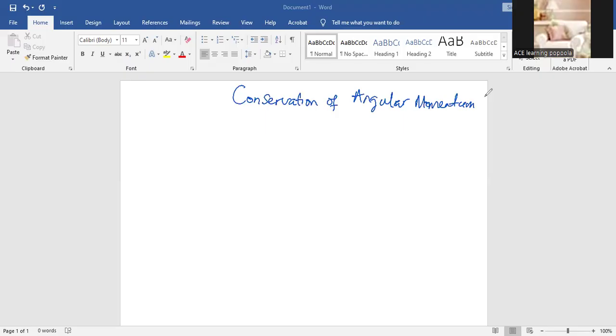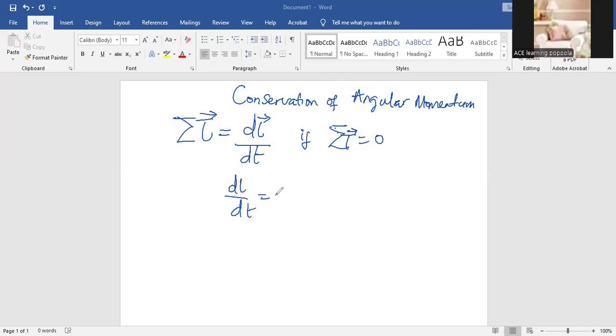The total torque, summation of torque, is equal to dL/dt. Now, if this is zero, then dL/dt will be zero as well, which means, therefore, L, angular momentum, is constant or conserved.